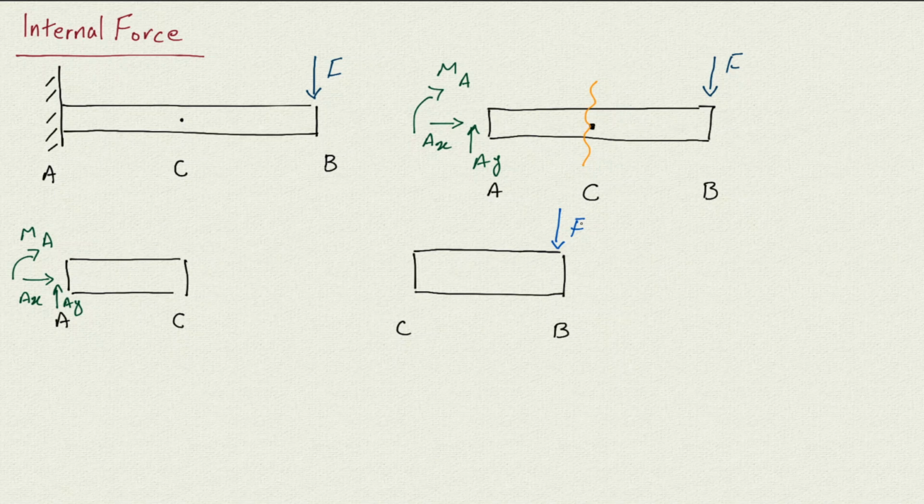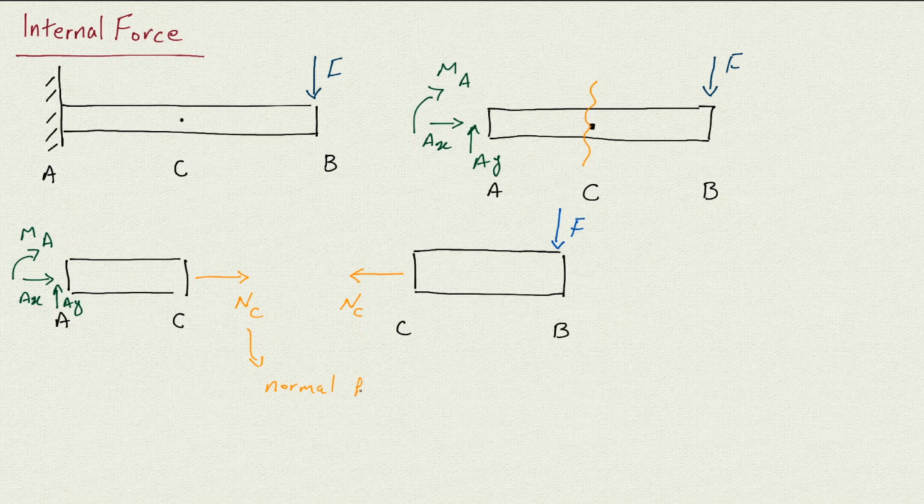I want to look at what forces we have. The very first force would be the force along the member. So we will have forces along the member, and whatever is applied on the left side is applied the same on the right side. We usually show this force as N at C, and this is called the normal force.